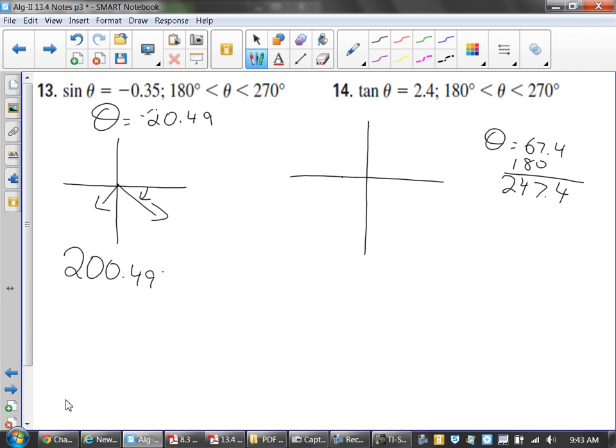No, the first quadrant. Think about it. You want to be in the third quadrant. Isn't tangent positive in the third quadrant? Sine and cosine are both negative. It's negative divided by negative, so it is positive. That was the other thing that some of you guys messed up on that quiz.